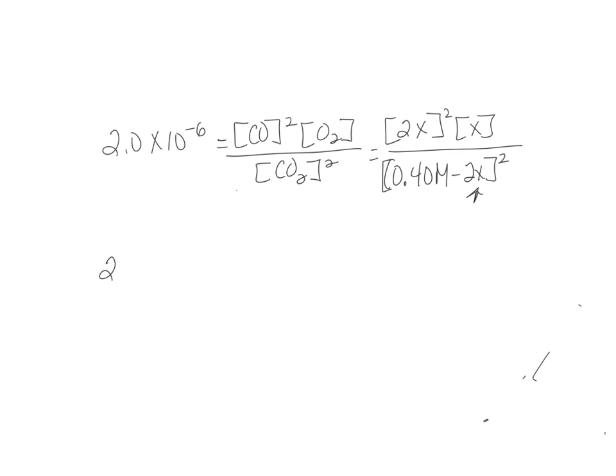We're going to have 4.0 times 10 to the minus 6th equals 4x cubed all over approximately, and usually when we show approximation, we just squiggle the equal sign to show that it's not really equals, 0.40 molar squared.